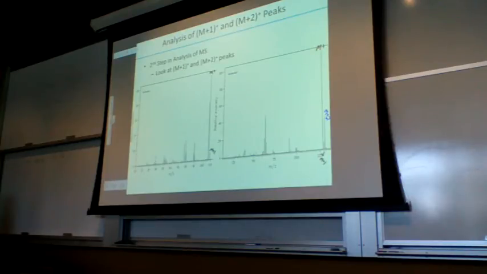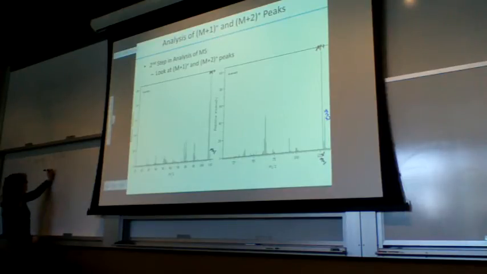We take the ratio of our M plus 1 peak to our M plus peak, on this one it turns out to be 8% abundance to 100% abundance.